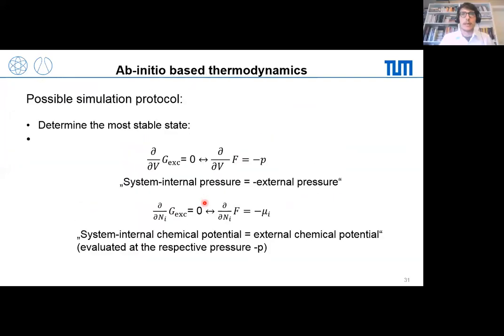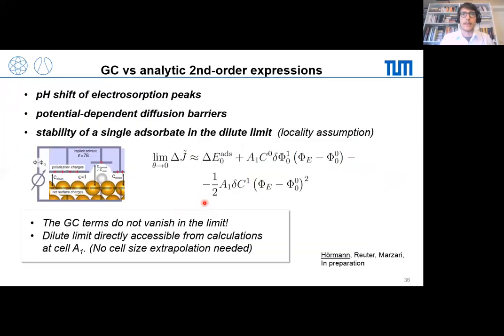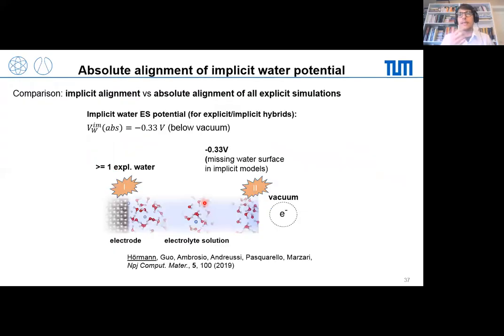Yeah, so let me just see if I have this figure in. Nah, sorry. Yeah, maybe this is what you referred to. When we tried to find the absolute alignment, we could derive it for these all-explicit calculations. And what we saw is that with these mixed explicit-implicit water systems, where we have at least one explicit water layer, we get this potential drop consistent or accurate in the simulations.